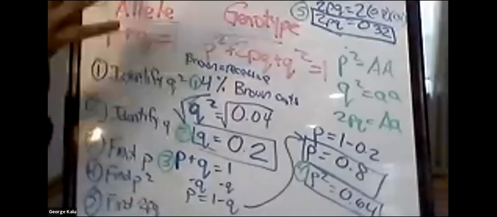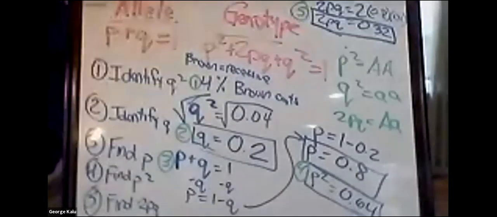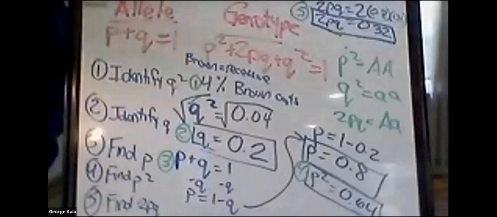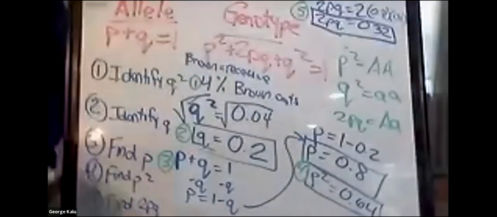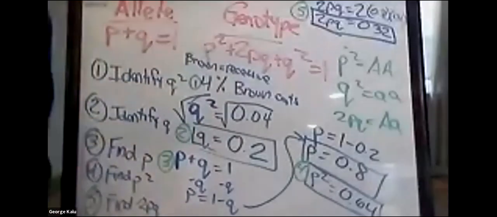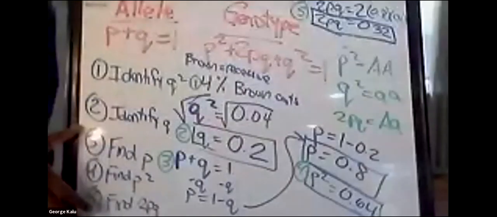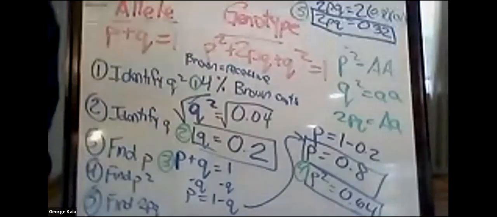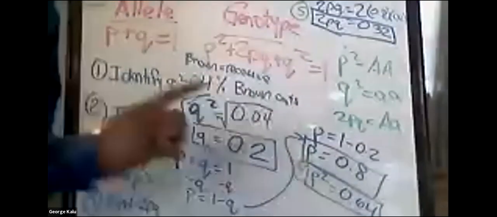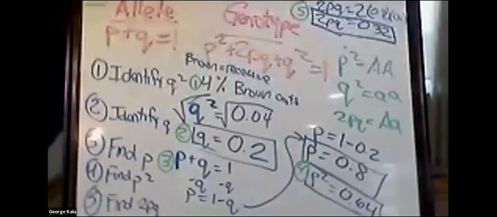Once we come up with all these numbers, then as biologists, we go out into nature and look to see if we actually get those numbers. If the numbers that we actually see when we look at these cat populations differ in any way from the numbers we calculated, then we know evolution is occurring. Then we just have to go out and try to figure out which evolutionary force is at play.